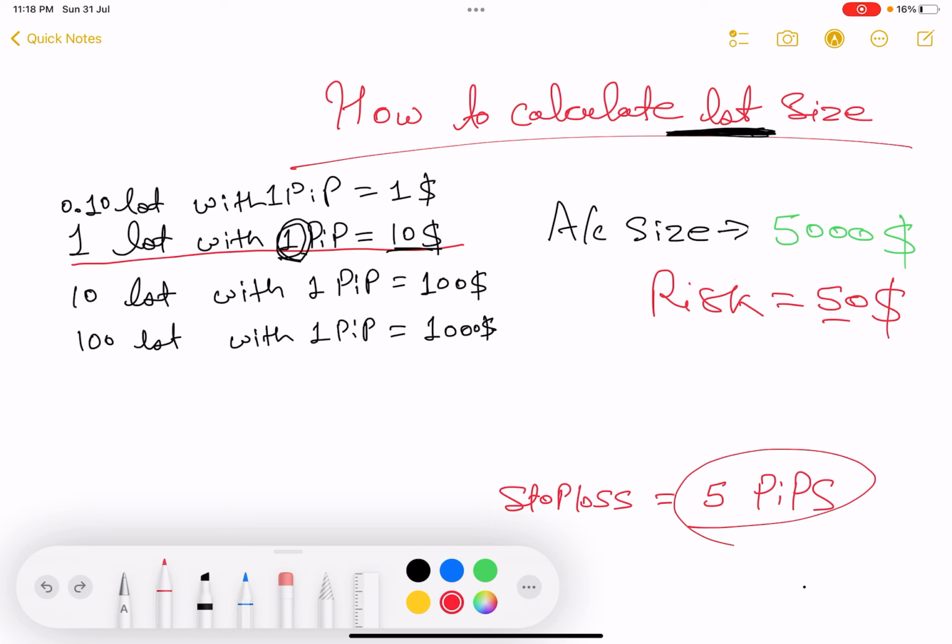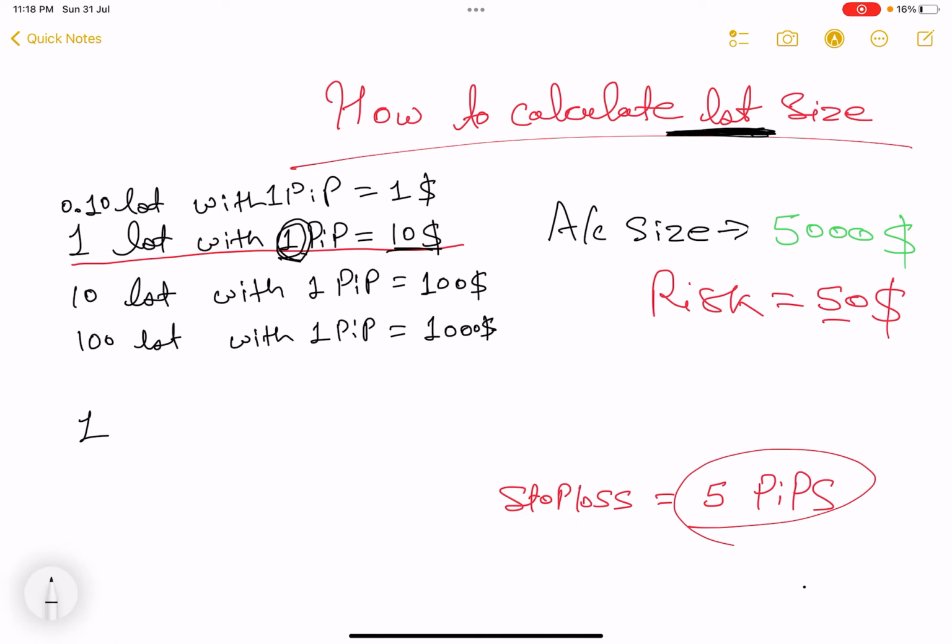So let's say I want to risk $50, and in this example, let's say I trade with one lot with 1 pip equals $10, right? Here we saw one lot with 1 pip equals $10, but I want to risk $50. So it is very simple, right? What is my lot size?